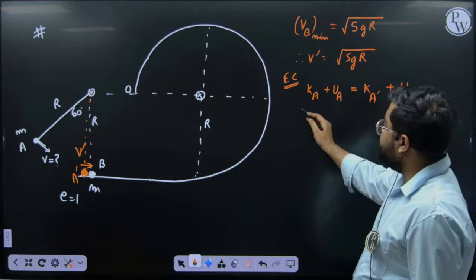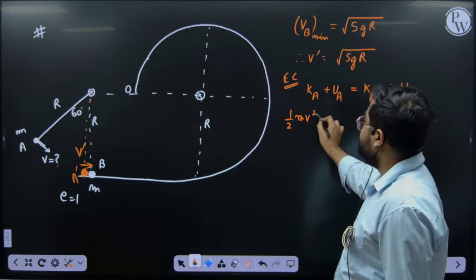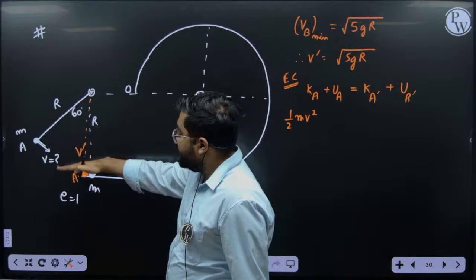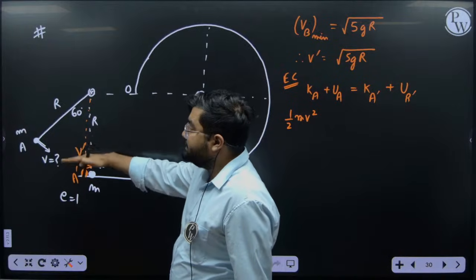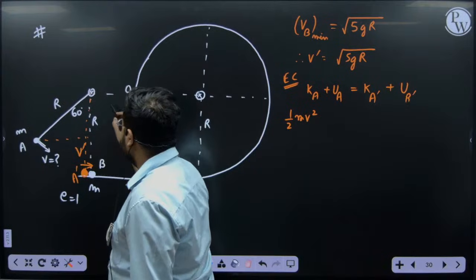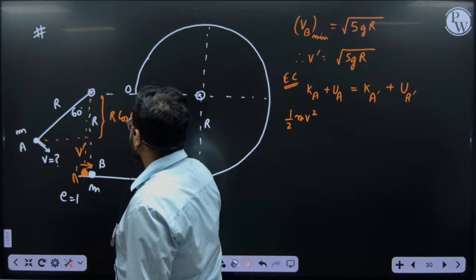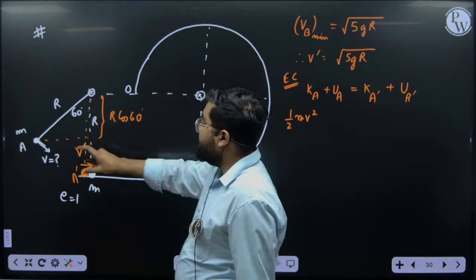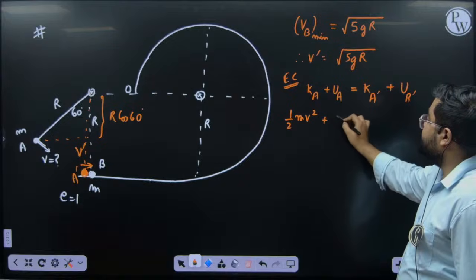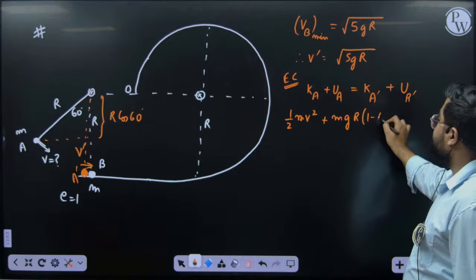Kinetic energy of A can be written as half mv square. Now, if I take this as the reference, the height is r minus r cos 60, because if I draw a perpendicular here, this length is r cos 60. So the height here is r minus r cos 60. So the potential energy of A can be written as mgr(1 minus cos 60).